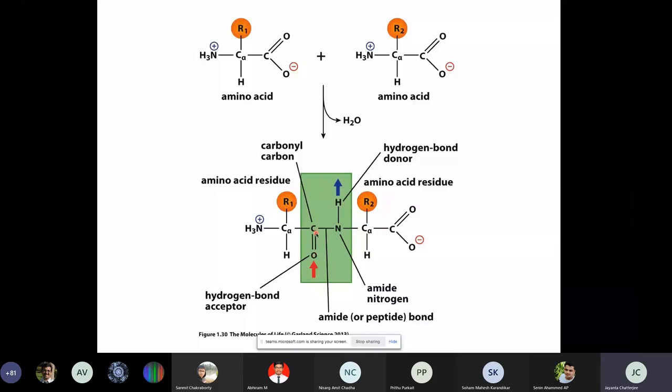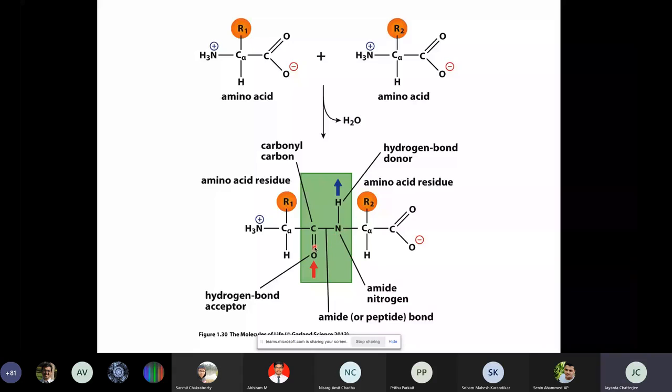So you have C=N and C-O minus, the canonical form, O-C single bond and double bond N plus, where the negative and positive charges are separated.